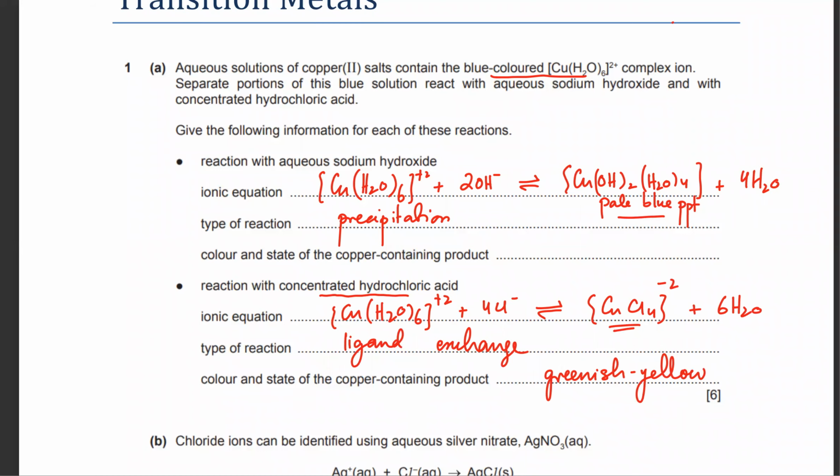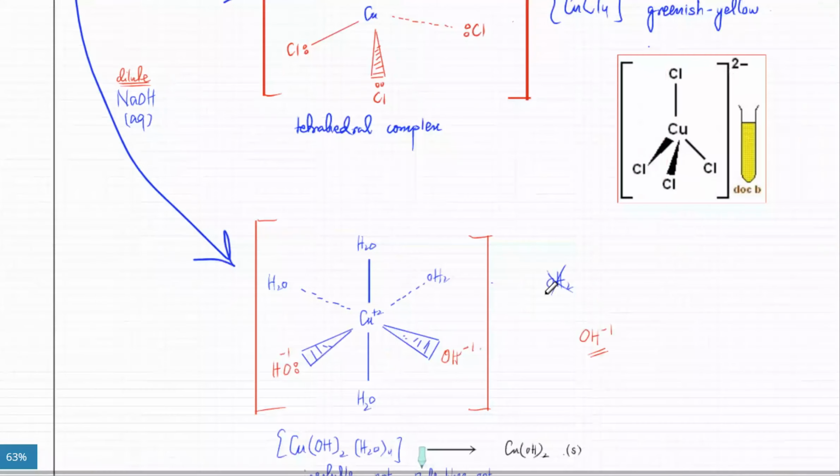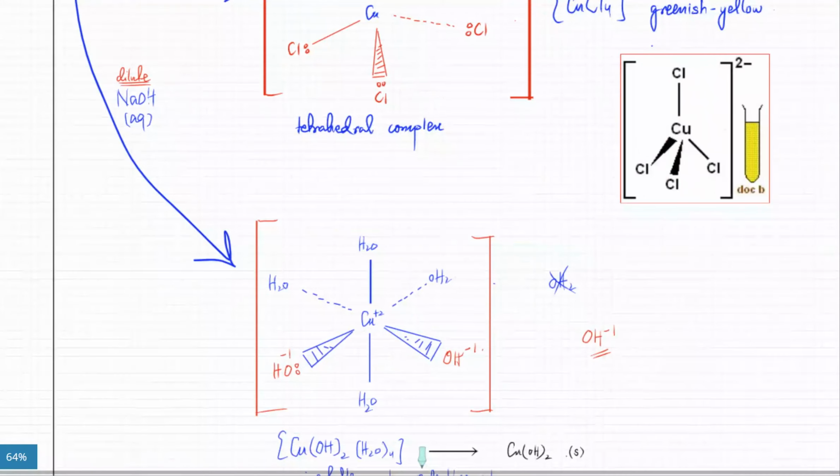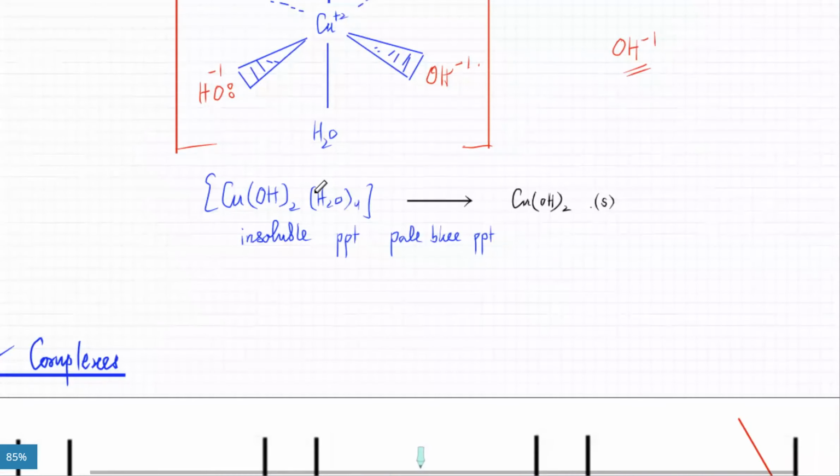I'll just add this to the notes as well, that this specific reaction where OH ions are added is known as a precipitation reaction. Because I told you previously that when complexes become insoluble, they usually lose their water molecules to form an insoluble precipitate. They no longer remain a complex because they form an ionic lattice and they just simply leave the solution.